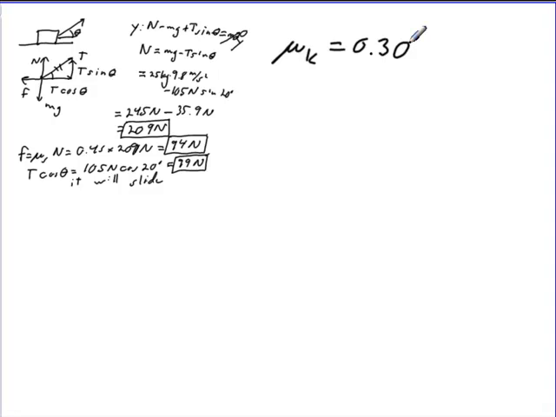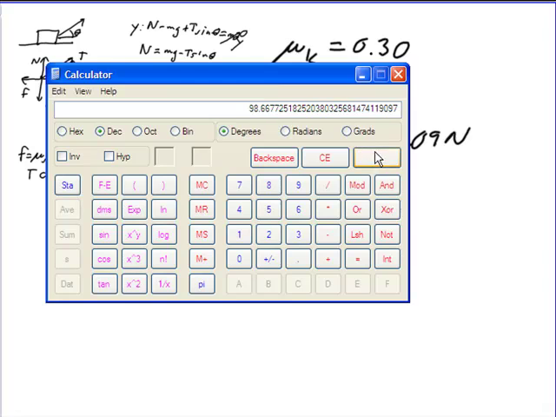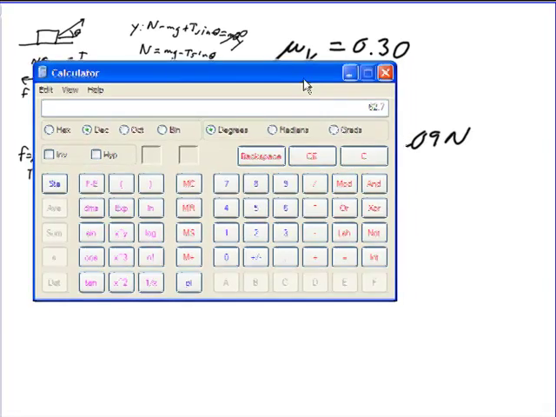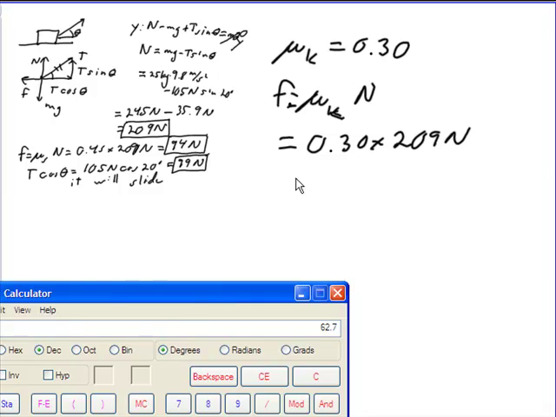In this case, the frictional force will be mu k times N, which is simply 0.30 times the normal force of 209 newtons, or 62.7, or essentially just 63 newtons.